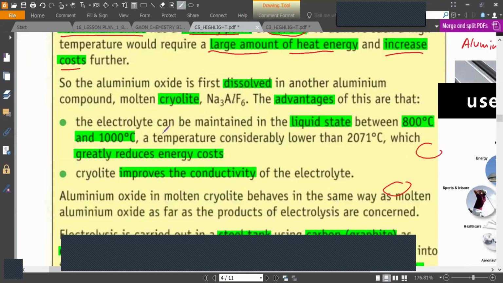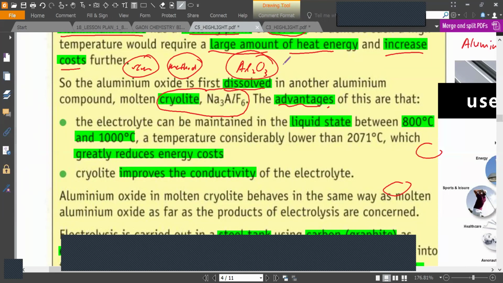But the scientists that came before us, they have a method. They dissolve the aluminium oxide in cryolite. This cryolite is a very special compound. Basically, we can melt the aluminium oxide at a lower temperature.